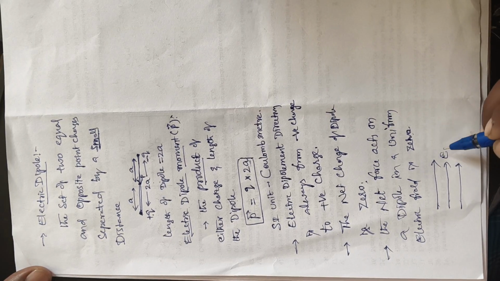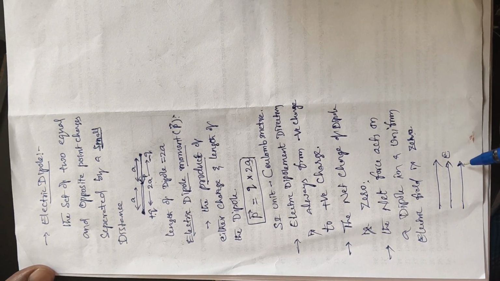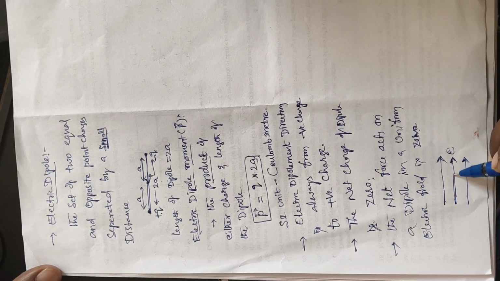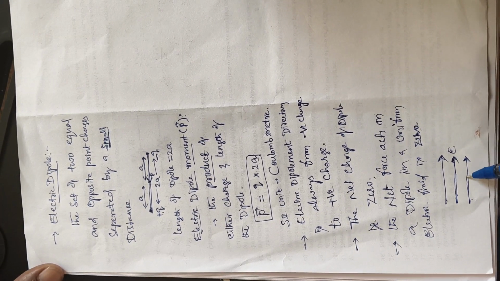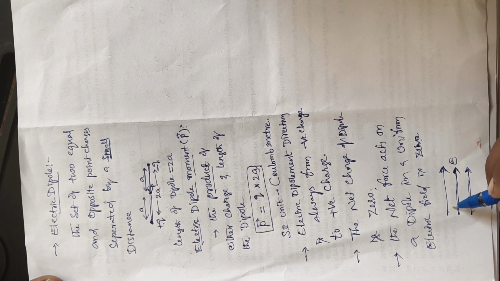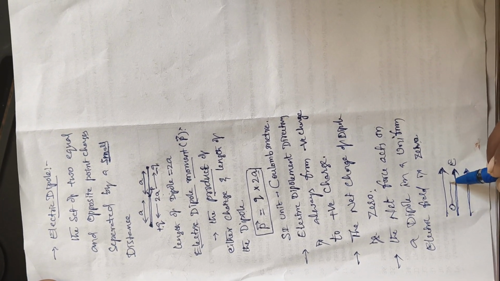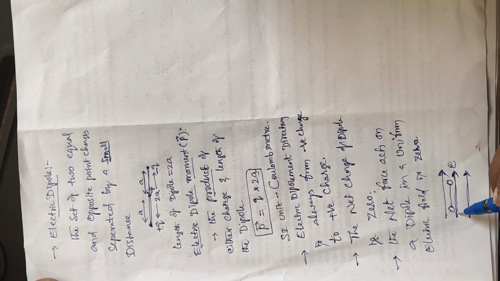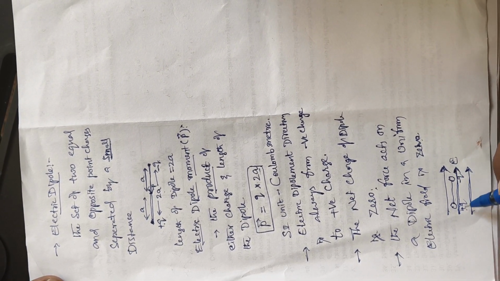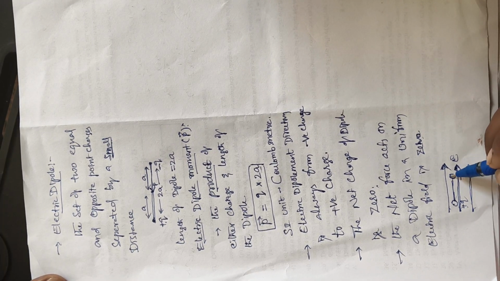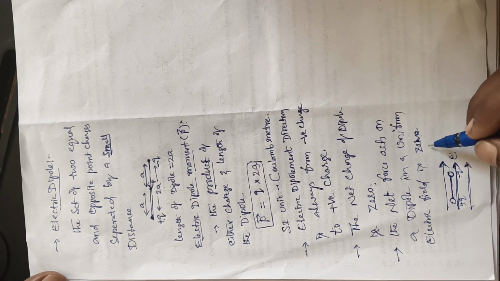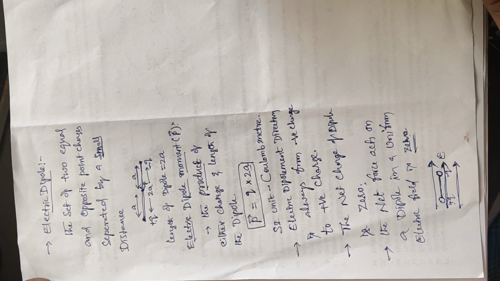Uniform electric field means all the electric field lines are passing parallel to each other and the spacing is also the same. That is called uniform electric field. Whenever an electric dipole, positive and negative, is placed in that electric field like this, the net force acting on this dipole is 0. That is the meaning of this point.